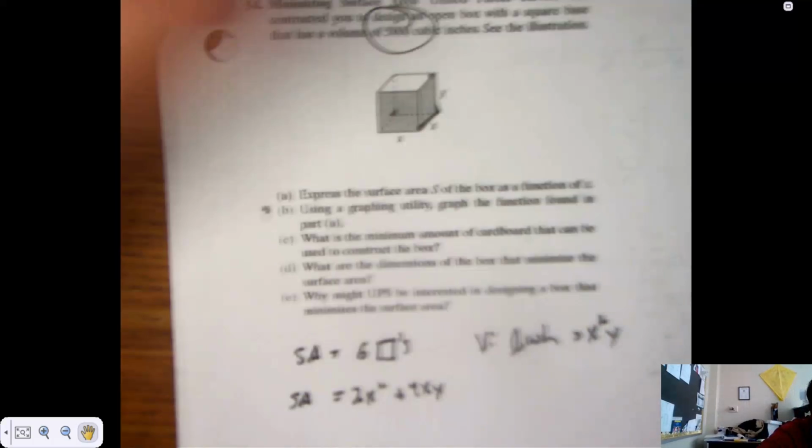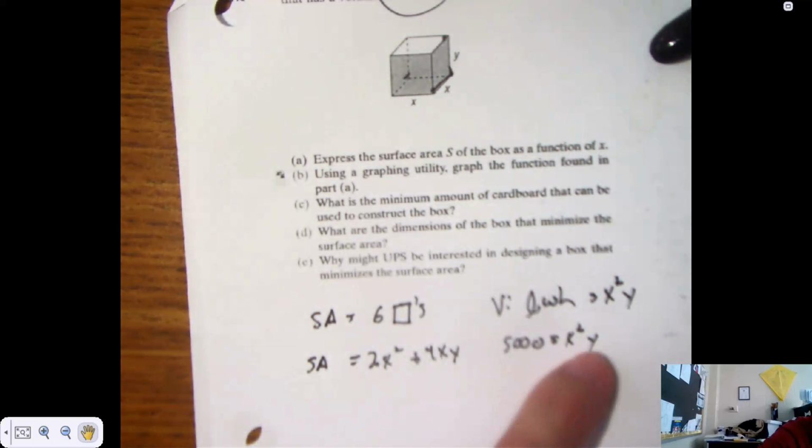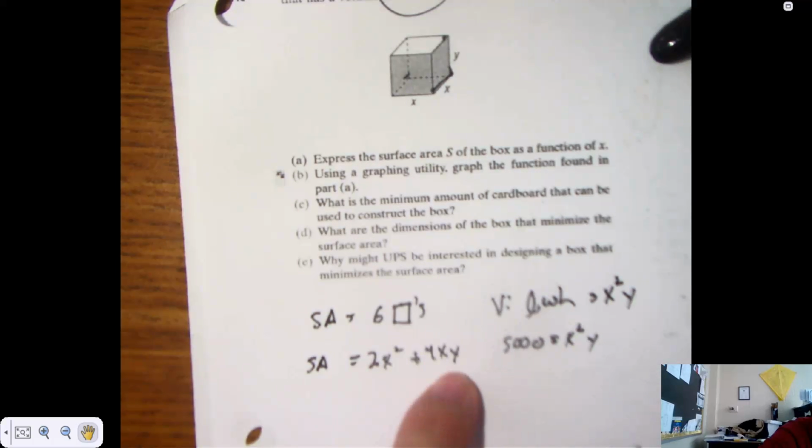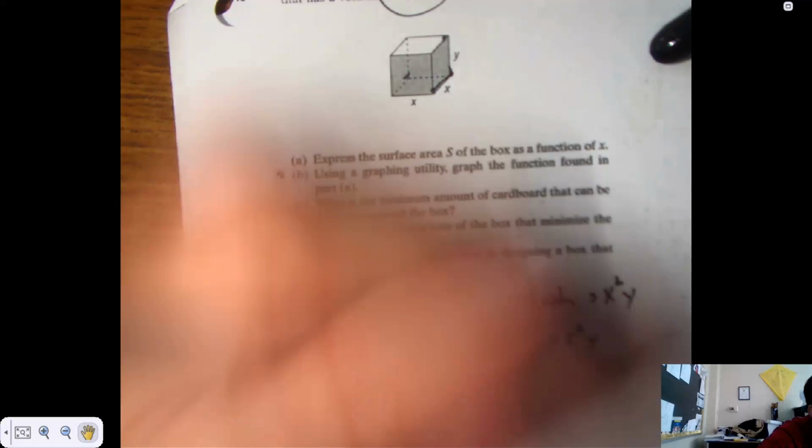It is 5,000. If you were to solve this equation for y, could you eliminate y over here through substitution? That's the goal. Divide both sides by x squared. There's your y value.